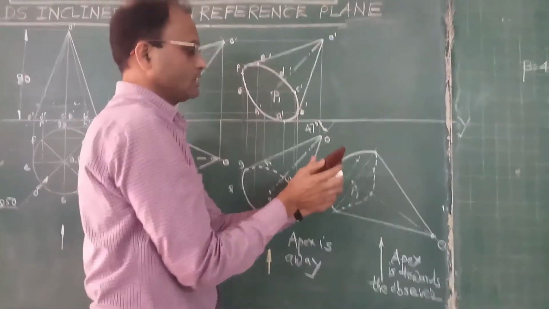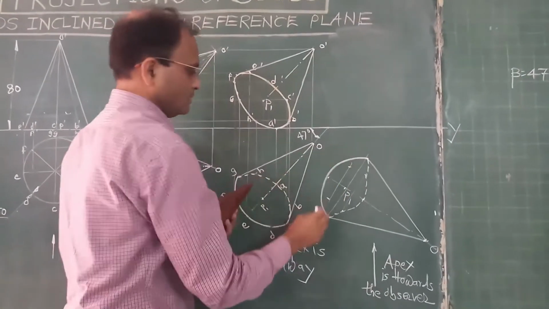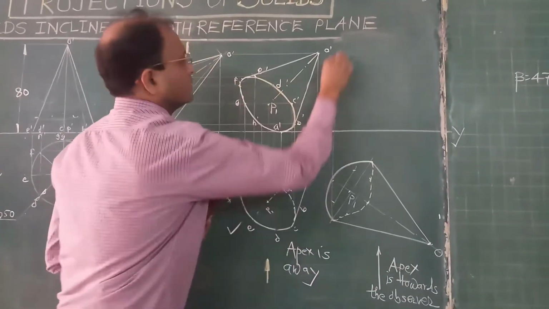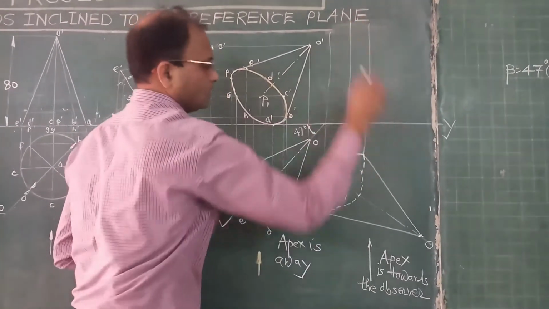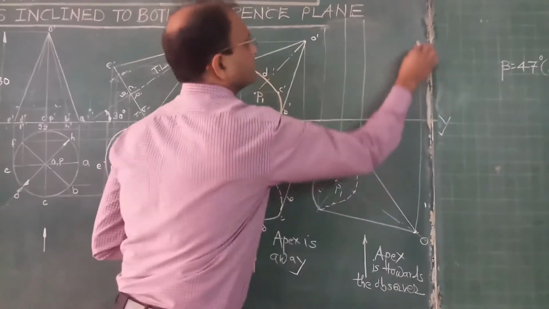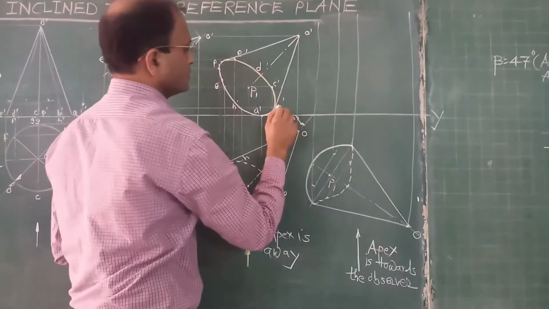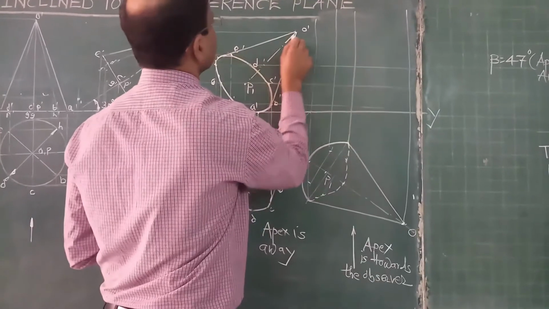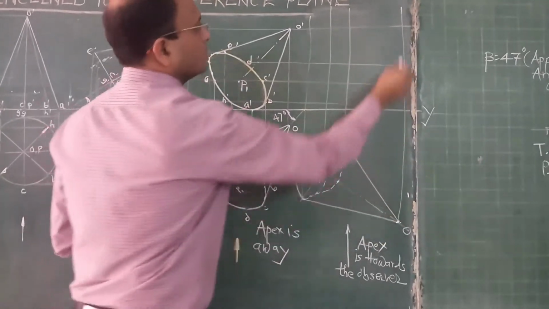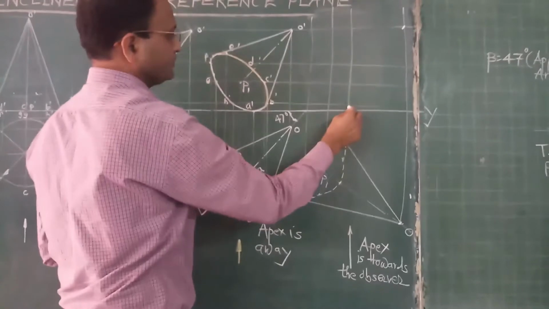Now in this condition, if we try to obtain the front view, then as usual we have to draw projections to all these points, and similarly projections from the front view, and we can mark all the points.